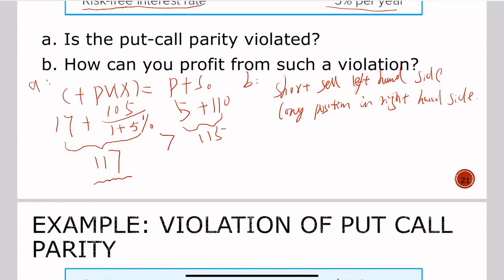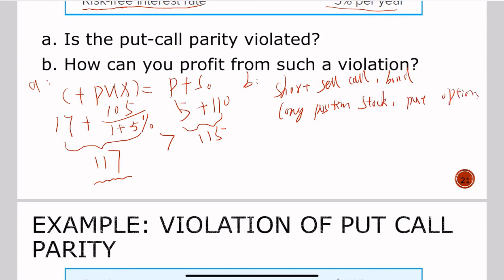What I'm really trying to say is you should short sell the assets on the left-hand side, right? So you will short sell a call, and you will short sell this bond, and you will take a long position in this stock and in this put option.